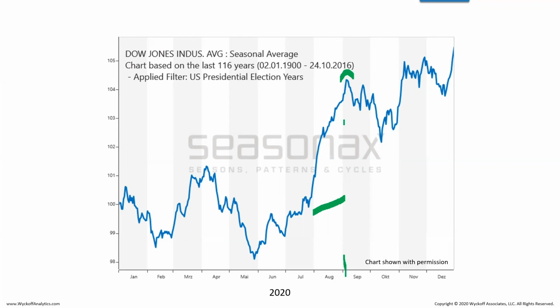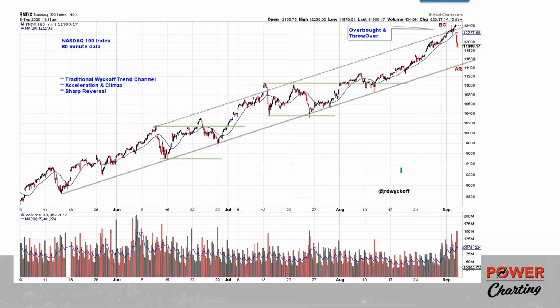This pretty much describes exactly what's happened in 2020. The month of August has been an epic rally month for the stock indexes, particularly the Nasdaq 100, and an acceleration into a climax, which is showing on the cyclic chart, has also occurred in the markets as a whole.